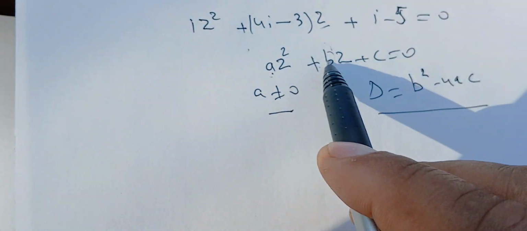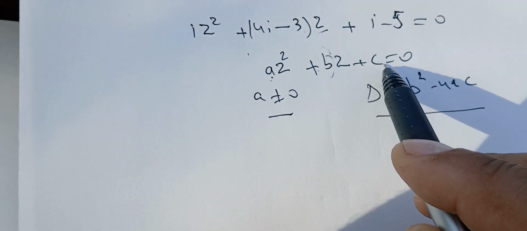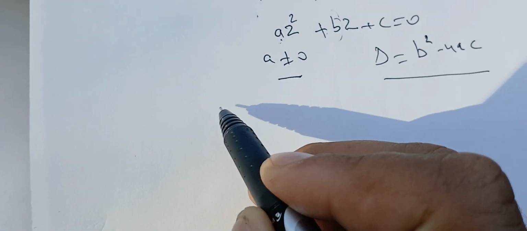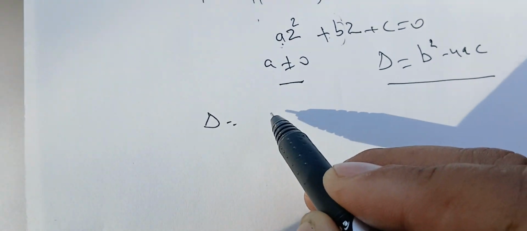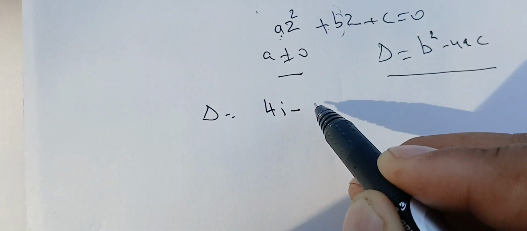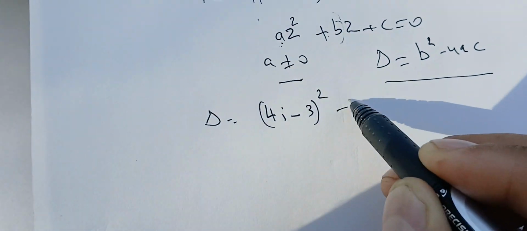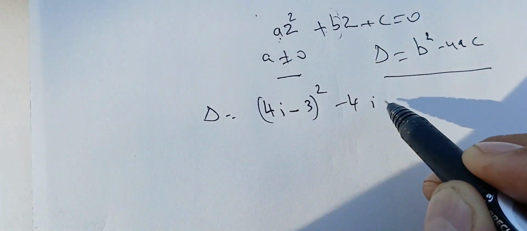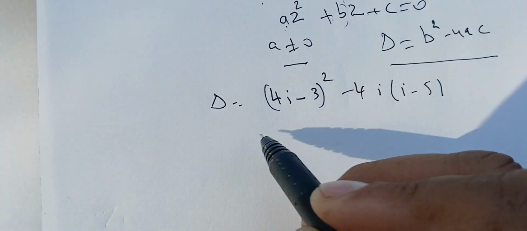In our case, a is i, b is 4i minus 3, and c is i minus 5. So delta is b squared, which is (4i minus 3) squared, minus 4 times i times (i minus 5).